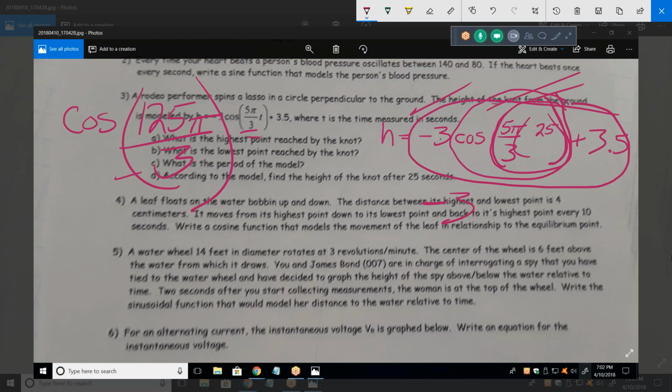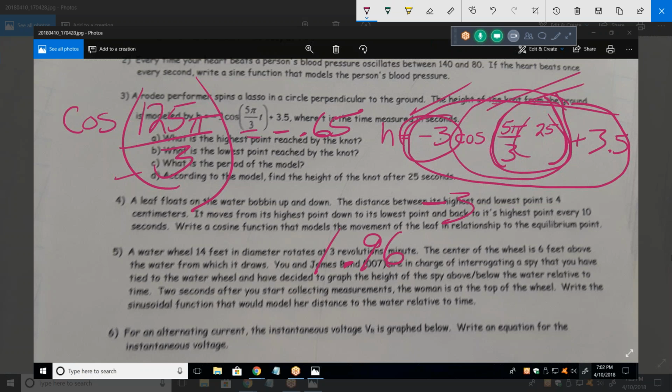Cosine of negative 0.65. Multiply that by negative 3. This number right there. So 1.96.